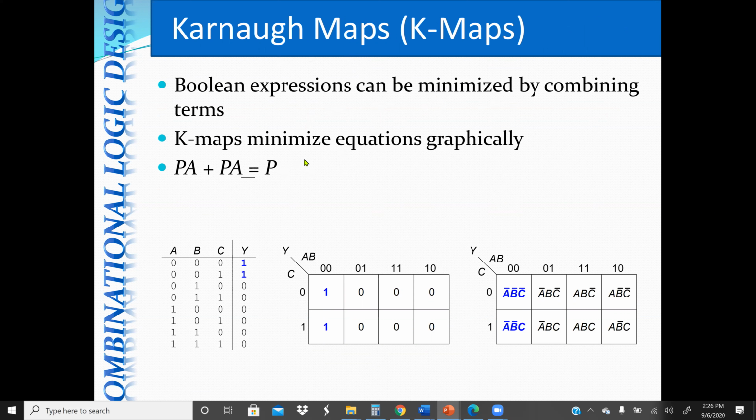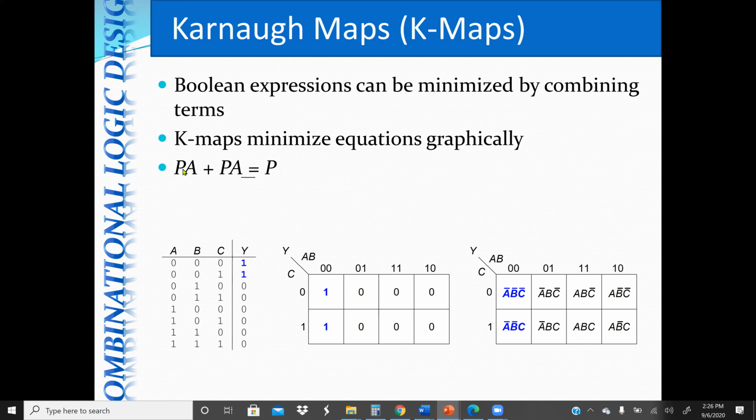Also, K-maps can be used to minimize an equation, but it's done graphically. And I will always say that the easiest one is K-maps, because here we don't have to know the Boolean identities. Boolean identities is more or less like solving an algebra problem, when you have to know the rules, the formulas of solving it.